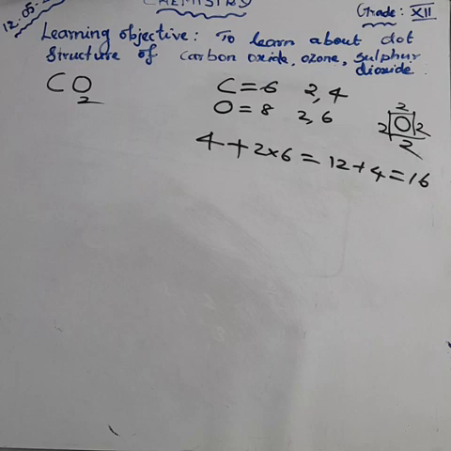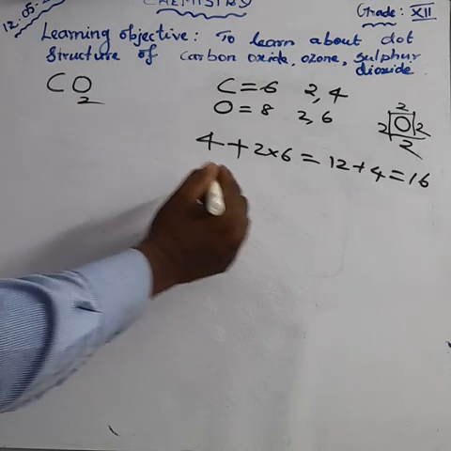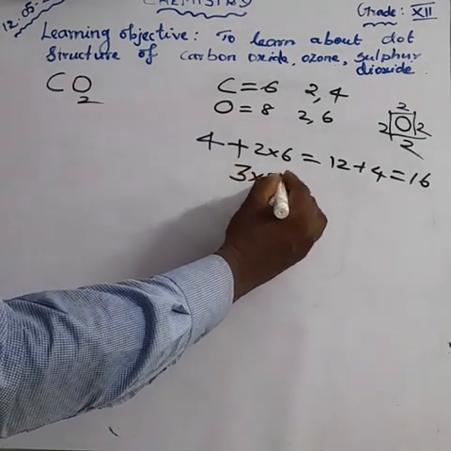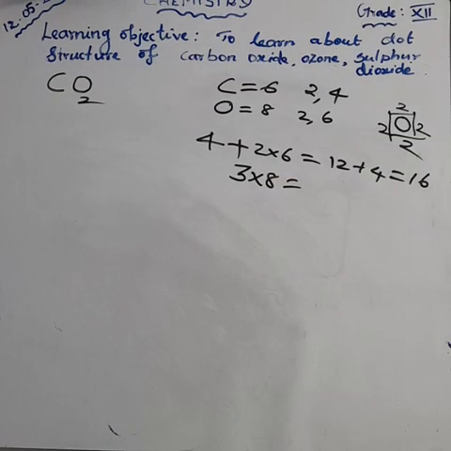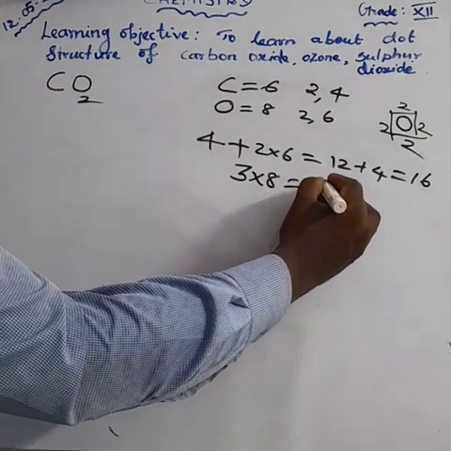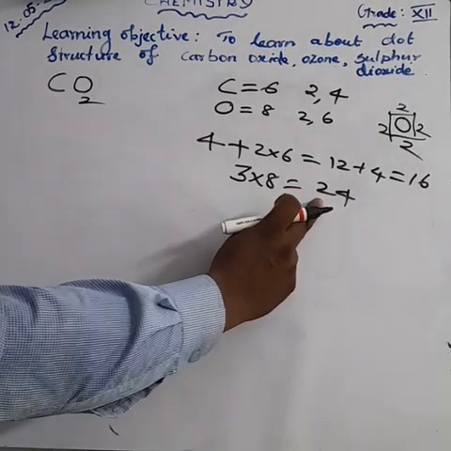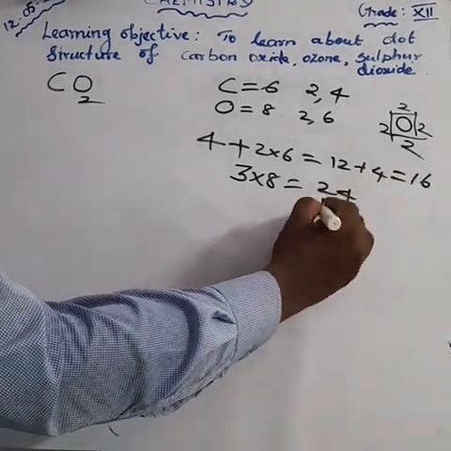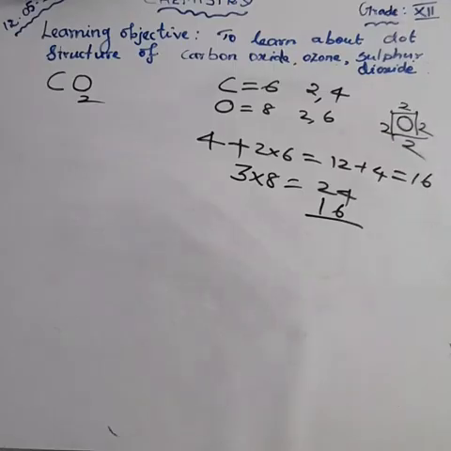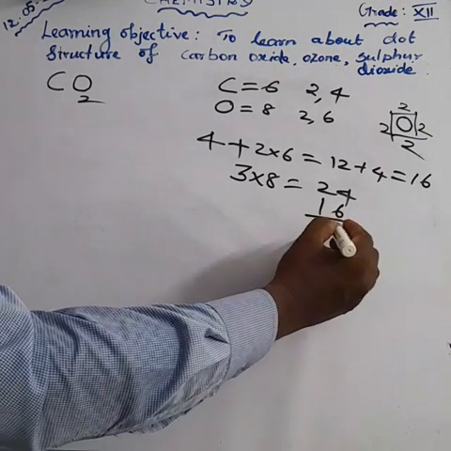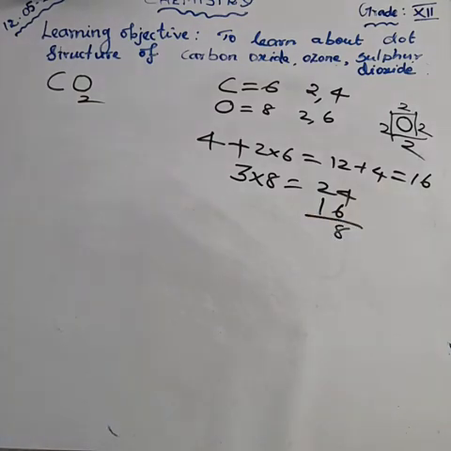Like that we multiply, here having 3 elements. 3 into 8 is equal to what? 24 electrons. So out of 24 I am subtracting 16. If you subtract, we get the remaining 8 electrons. Am I right? 8 electrons.